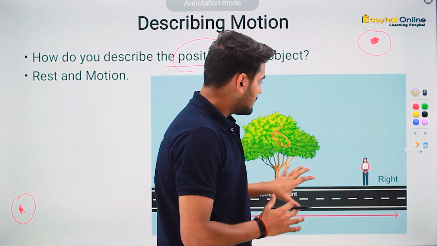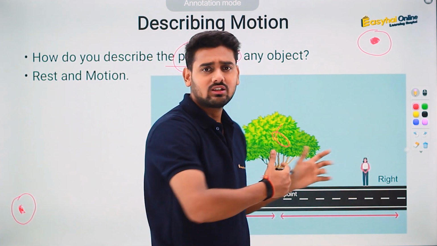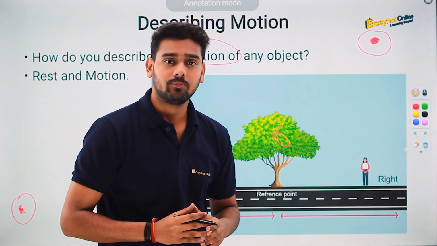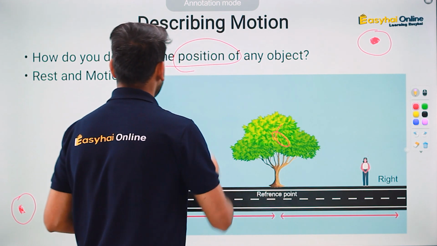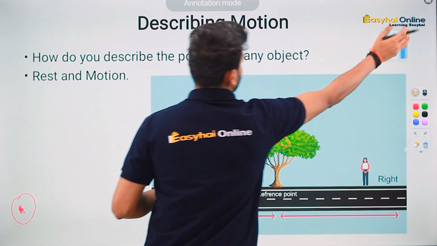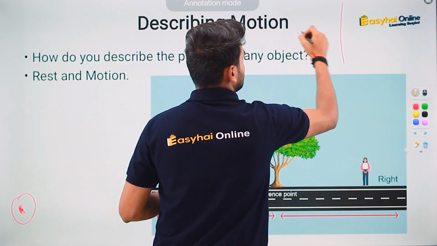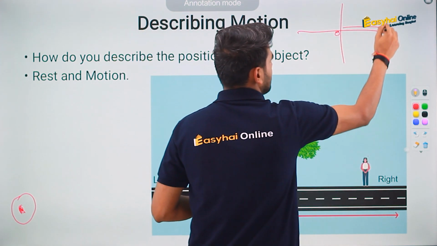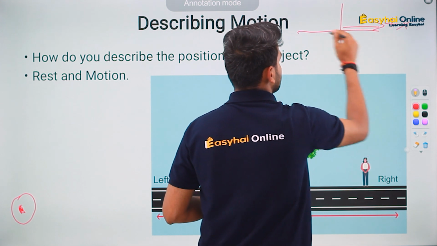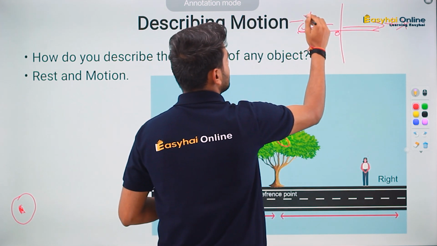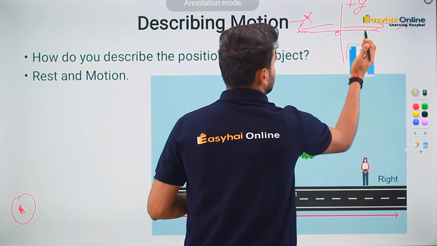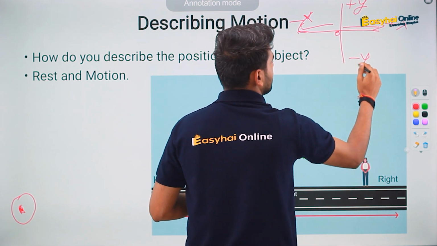Now let us talk about numbers. Here this is a vague term. I am saying that she is on the right hand side, but by how much distance? So here comes the Cartesian plane into play. Remember the Cartesian plane: at the center we have the origin, and on the right hand side you have the positive x-axis, left hand side you have the negative x-axis. Here the positive y-axis, and here you will have the negative y-axis.